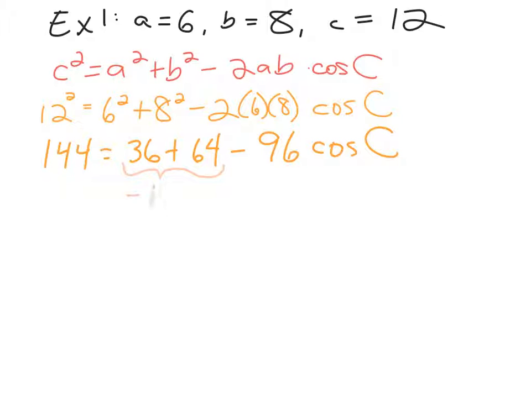So I'm going to subtract 100 from both sides. That's going to give me 44 is equal to negative 96 cosine C.